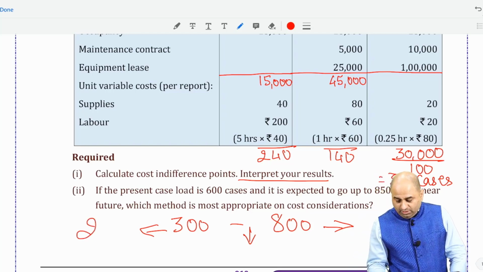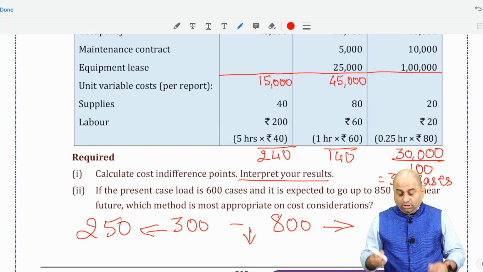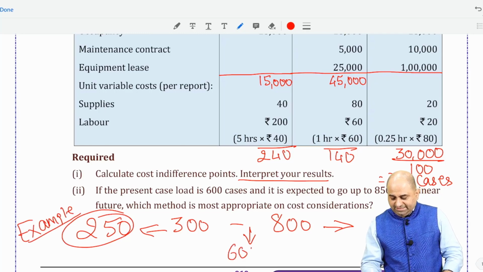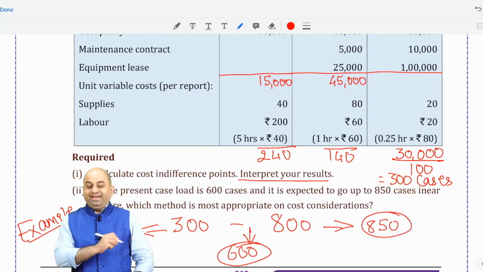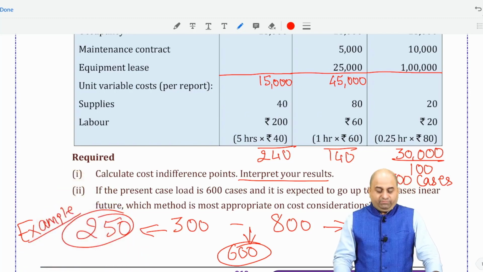You calculate total cost, that is fixed cost plus variable cost. For 250 cases, this is an example, I repeat. 600 is another example and 850 is my third example. So 250, 600 and 850.